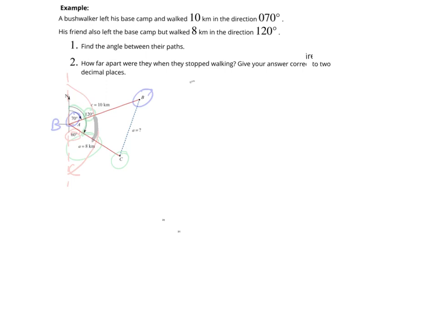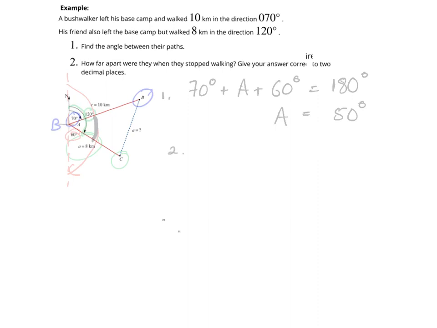So we've got 70 degrees plus A plus 60 degrees should all equal 180 degrees. Now that's a fairly simple equation to solve. Bring the 70 and the 60 over the other side, and you end up with 180, take away 70, take away 60 is 50 degrees. So that is part one.